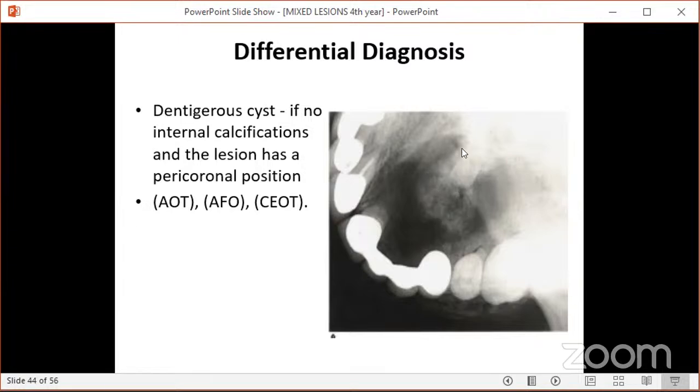There are calcifications around the crown, and around it is a radiolucent lesion, and within it we have radiopacities. One of the radiopacities is a tooth, and the other radiopacity is probably calcifications within this lesion.